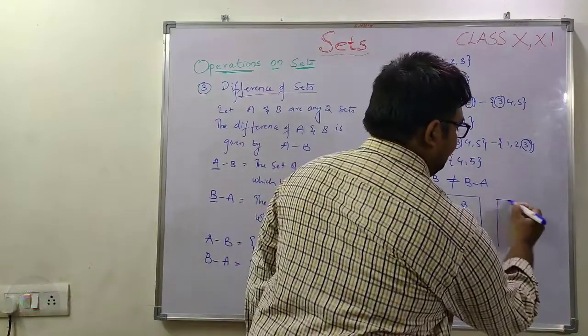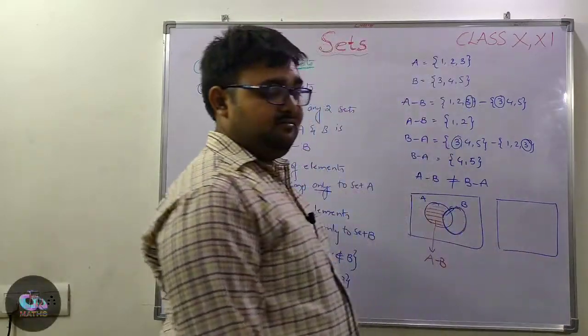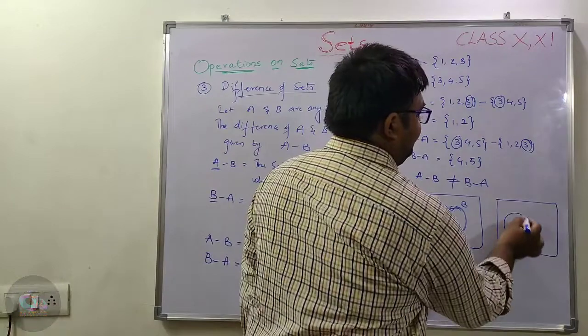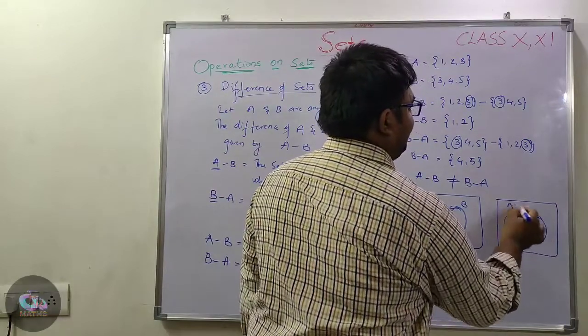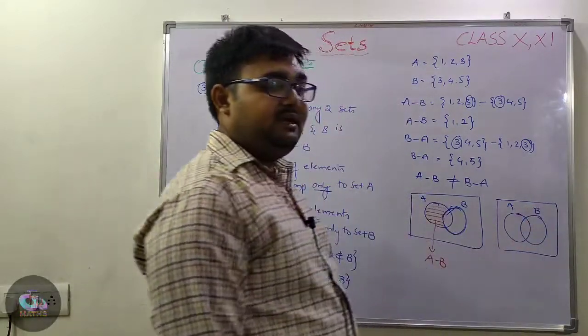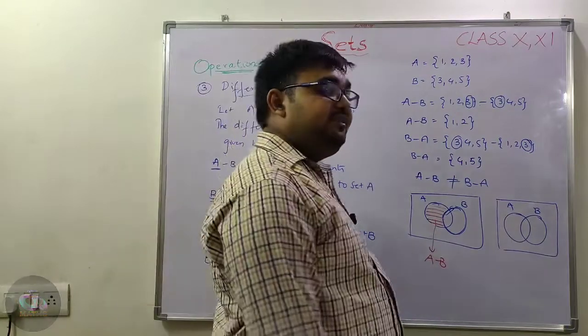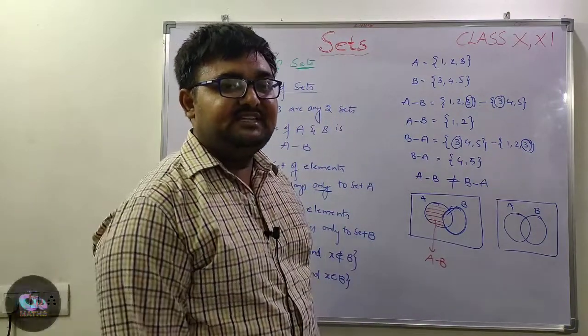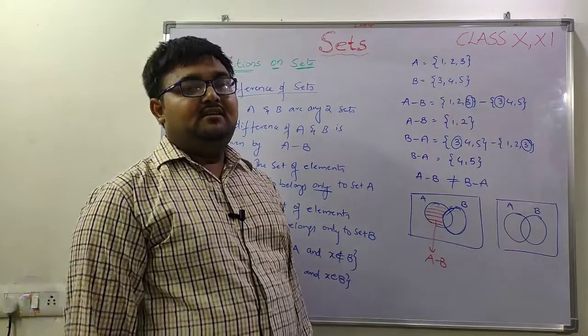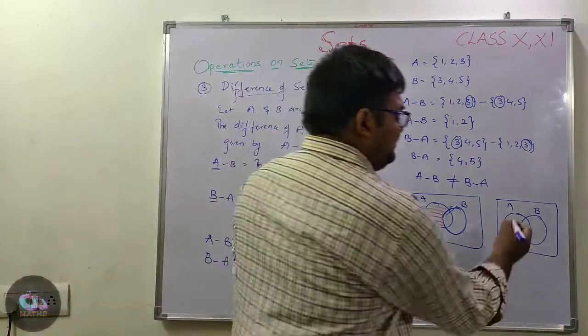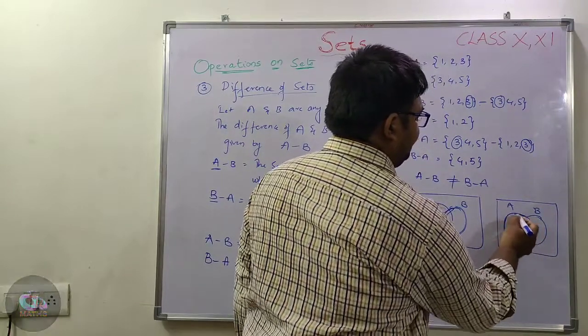In the same way, if I go for B minus A, we draw the universal set and two sets A and B. Now to represent B minus A, we should not consider any part of A. So this total part represents A, right?